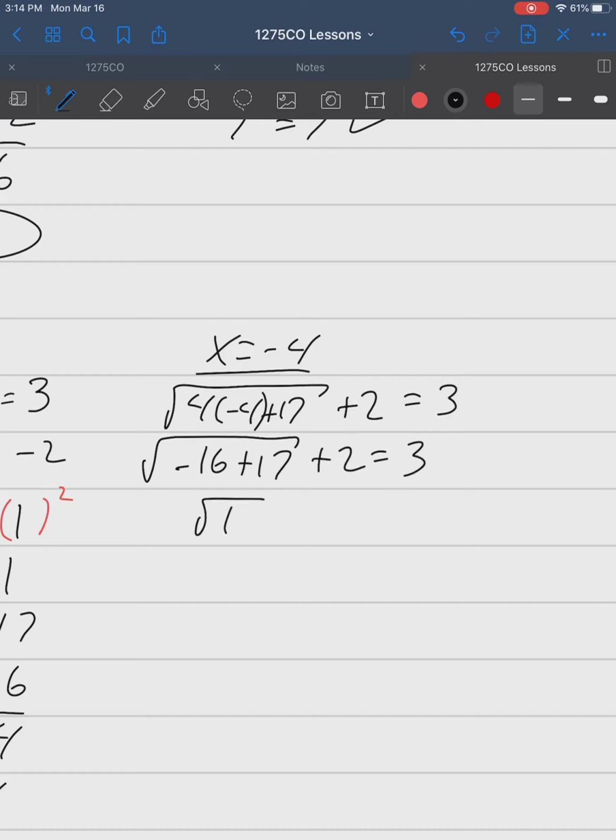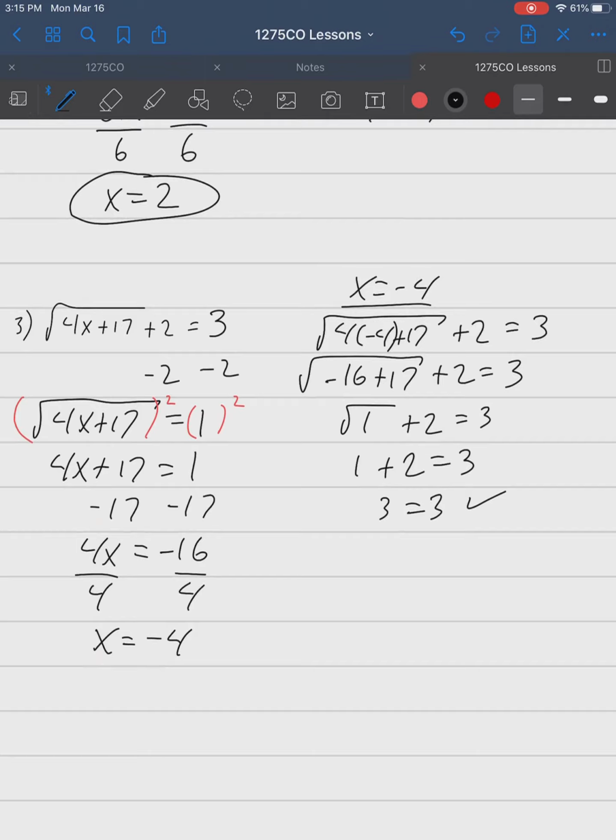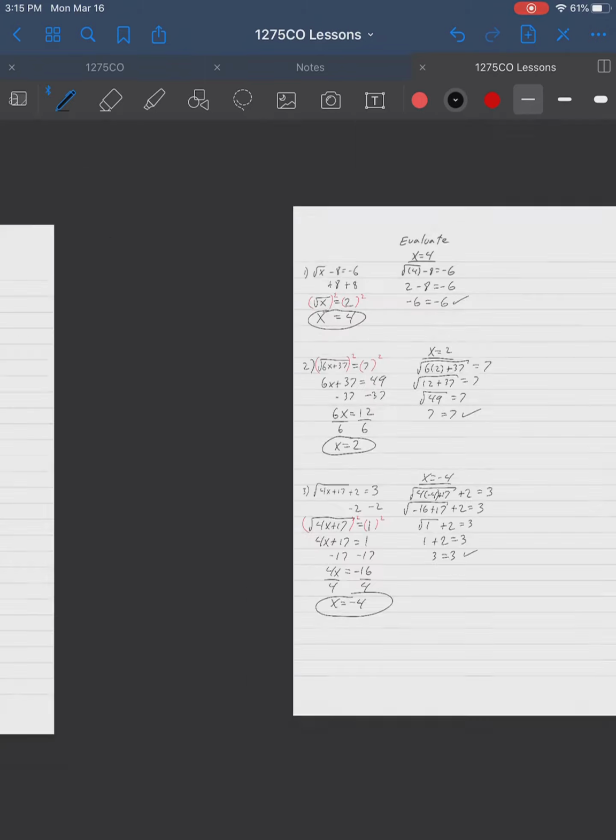So negative 4 times 4 is negative 16. Add that to 17. Inside the square root is a 1. Square root of 1 is equal to 1. And then 1 plus 2 adds up to 3. And then, once again, our problem checks out.